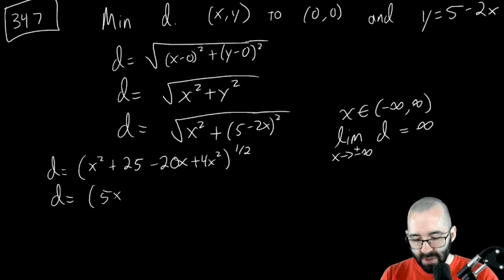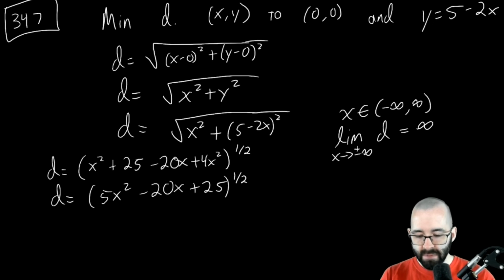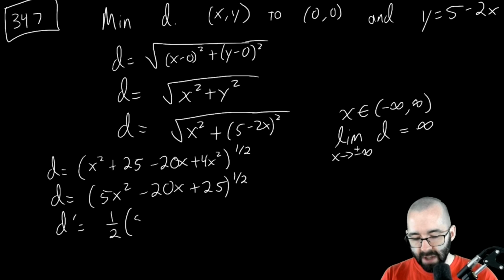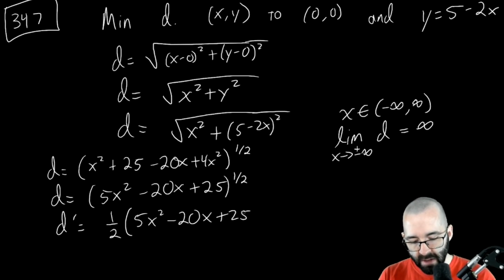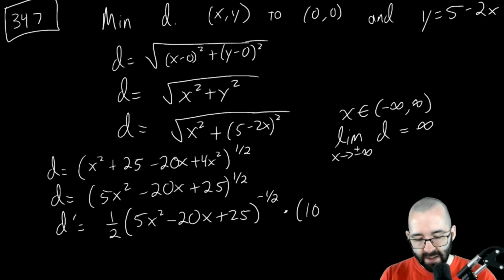It's going to be 5x squared minus 20x plus 25. You could take out a 5, but it's not going to help us yet. So take the derivative with respect to x, use the power rule and the chain rule. We're going to leave the inside the same, subtract an exponent, and multiply by the derivative of the inside, 10x minus 20.